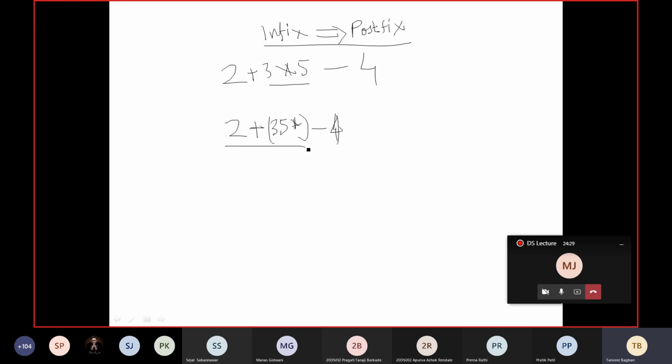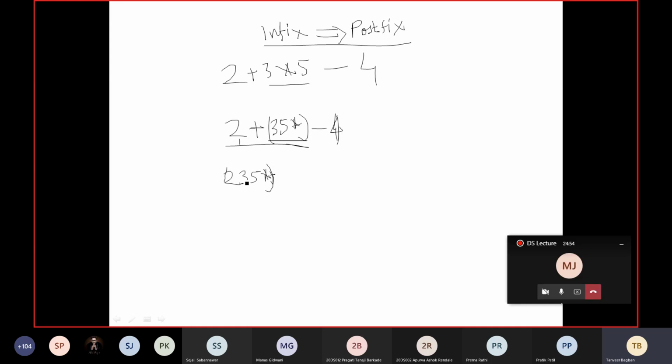So in this case, 2 is an operand and this entire part is an operand. So take plus out. Now it becomes 2, 3, 5 multiply, and this now becomes one operand, and then plus.